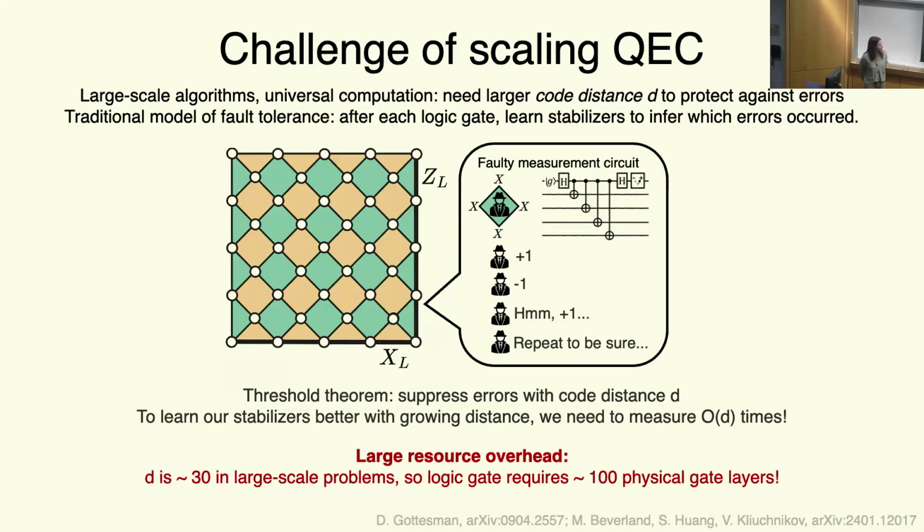Now, this is a major issue when we think about computing on large scales, because if I want to run a factoring algorithm or simulation of a quantum system, I need a code distance of roughly 30 in order to get a low enough error rate. And that means that each logic gate is requiring roughly 100 physical gate layers. And that's coming from basically repeating this faulty circuit roughly 30 times.